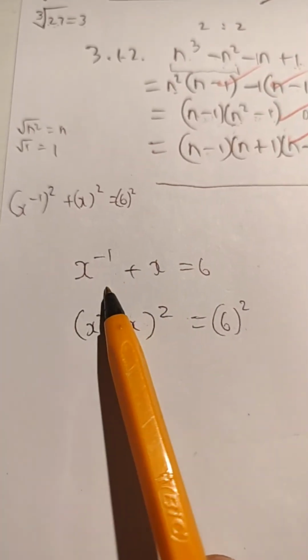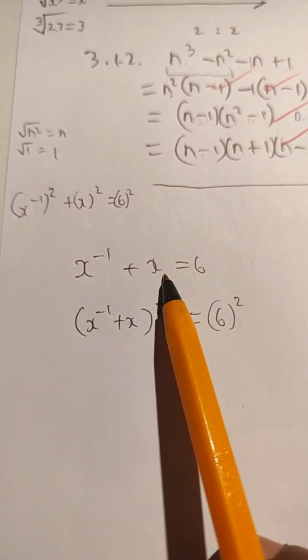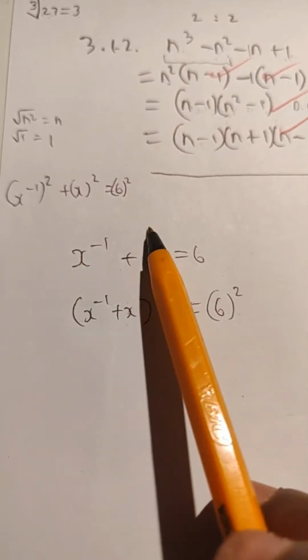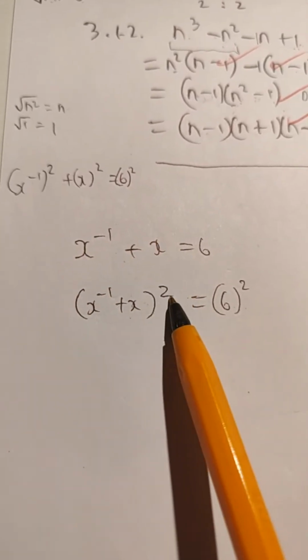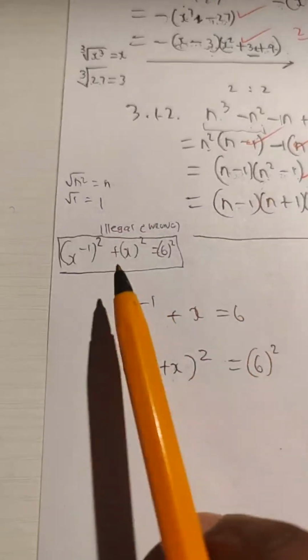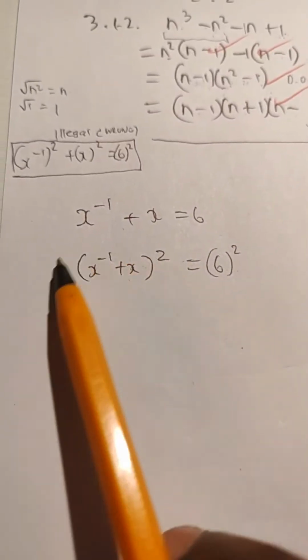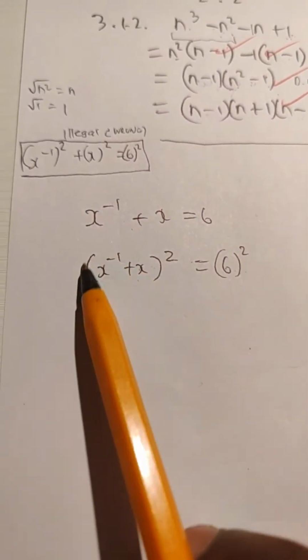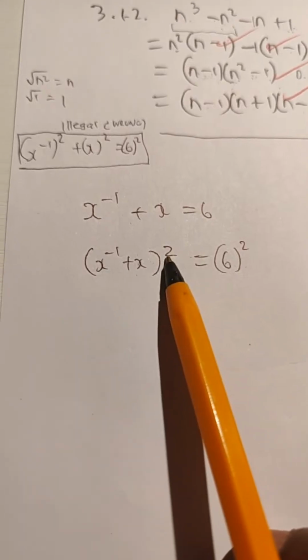Because there are two terms here, you can only put the bracket around the two terms and then square them. This would be considered illegal mathematics and wrong. We would not dare do this because it is wrong. So if we square both sides, then we have to put brackets around the two terms and then square it.